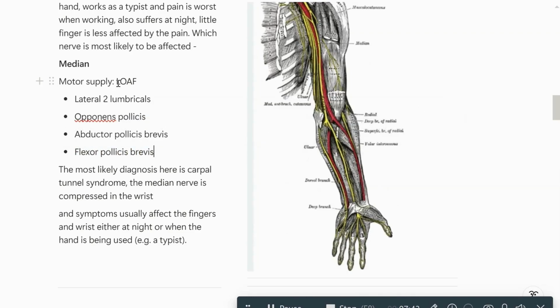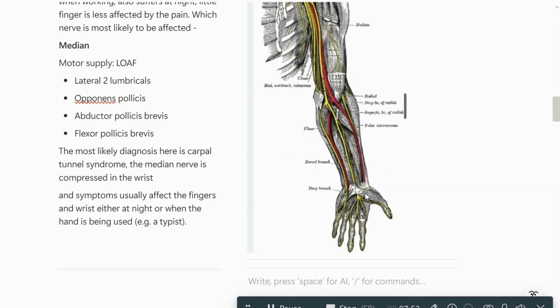The mnemonic for this is LOAF. Again, there is some sensory supply, which includes the lateral aspect of the anterior palm and the lateral 3.5 fingers on the anterior aspect.